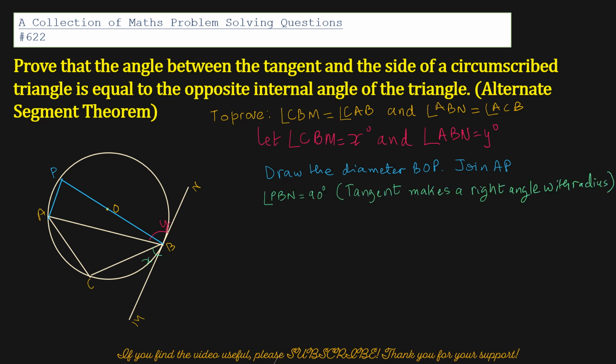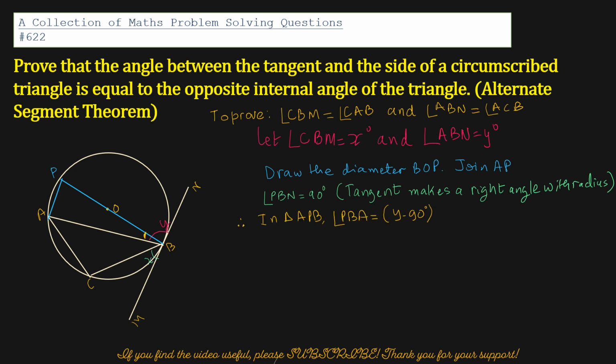Then I would write that angle PBN is 90 degrees. So PBN is this angle. As you can see, this is a 90-degree angle, because the tangent makes a right angle with the radius. OB is the radius. So that's 90 degrees.